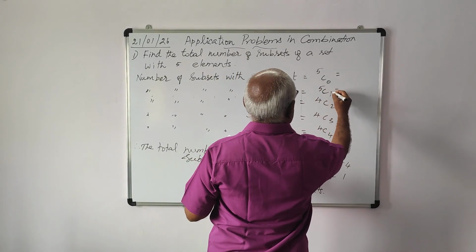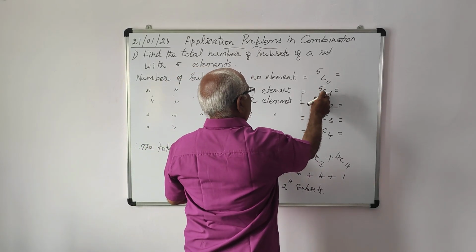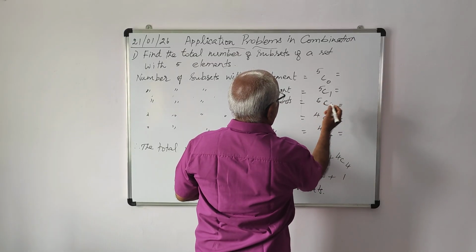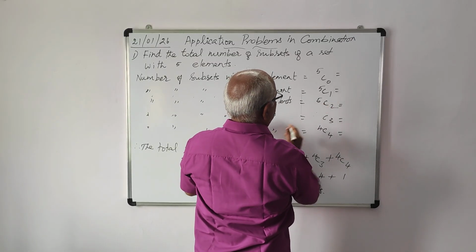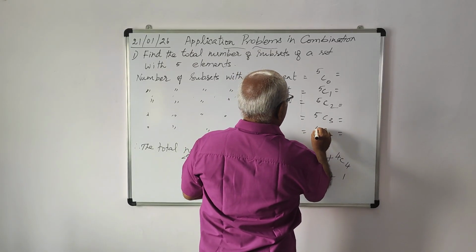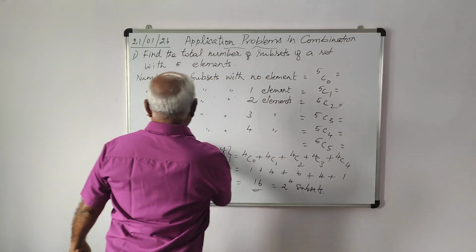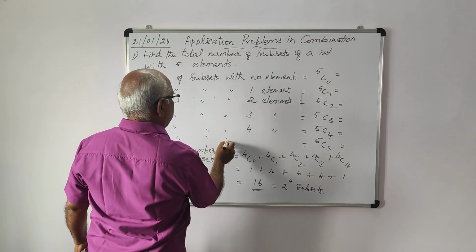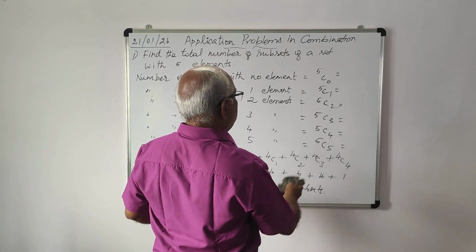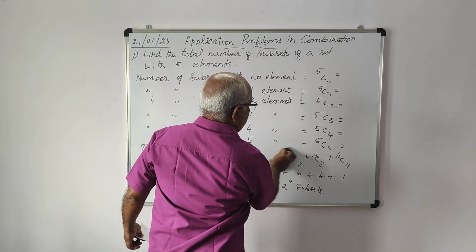With 2 elements is 5C2. With 3 elements is 5C3. With 4 elements is 5C4. With 5 elements is 5C5. So the total number of subsets is the sum of these, 5C0 plus 5C1 plus 5C2 plus 5C3 plus 5C4 plus 5C5.